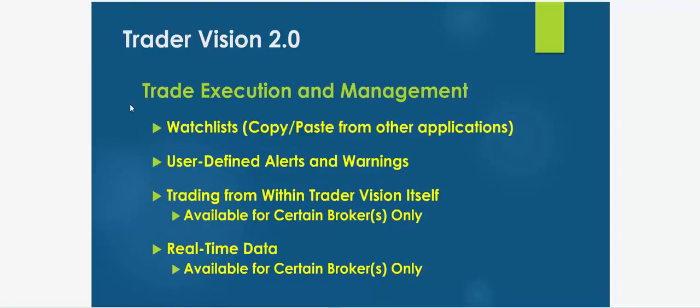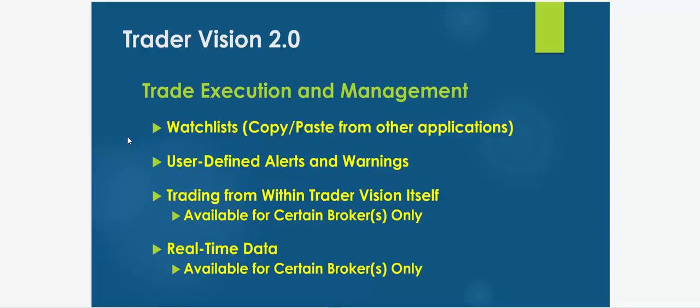Under the trade execution and management area, we'll have watch lists, which you can copy and paste from other applications. So for example, let's say that you scan in TC2000 or wherever, and you come up with a watch list, copy it to your clipboard, paste it into the watch list in Trader Vision, and it's there.